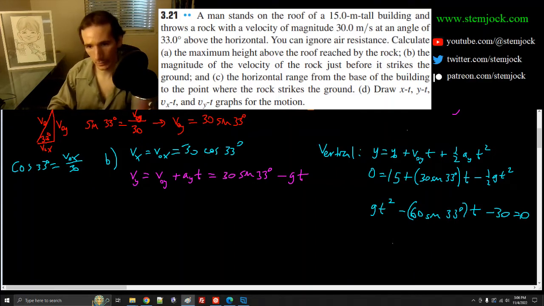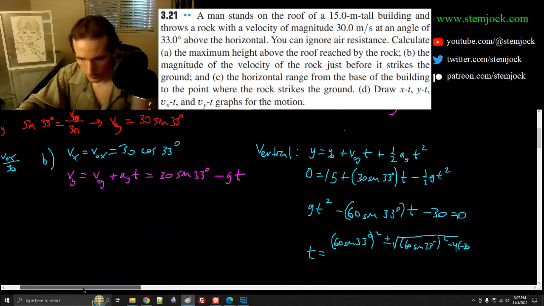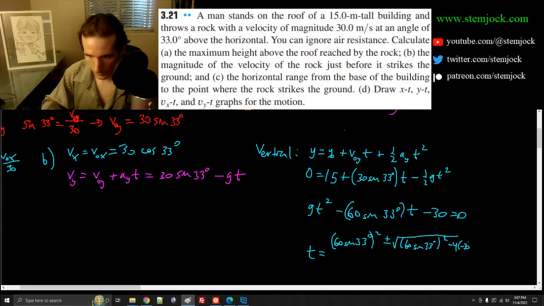So if I use the quadratic formula, I get t equals 60 sine 33 plus or minus the square root of 60 sine 33 degrees squared minus 4 times negative 30 times g, and all of this is over 2g.